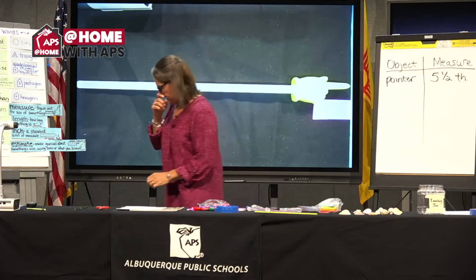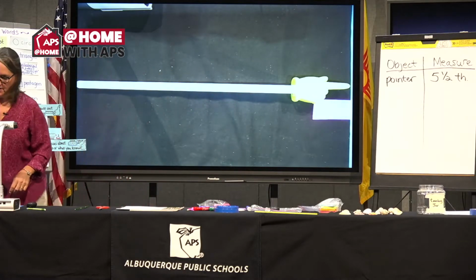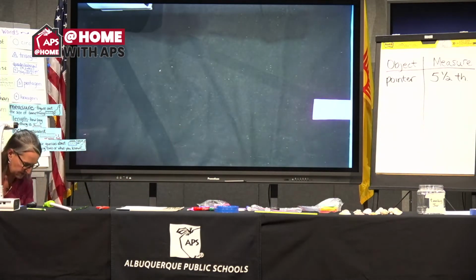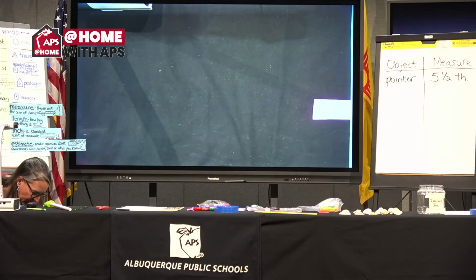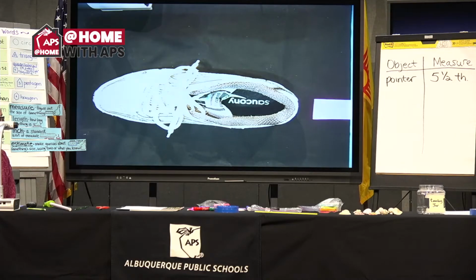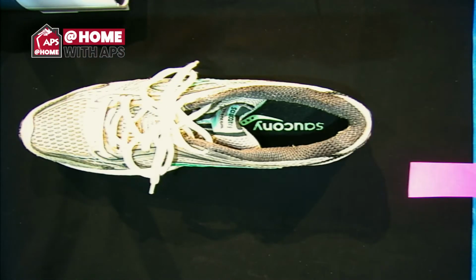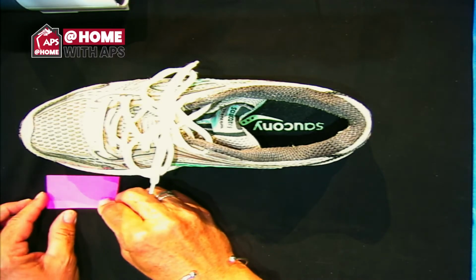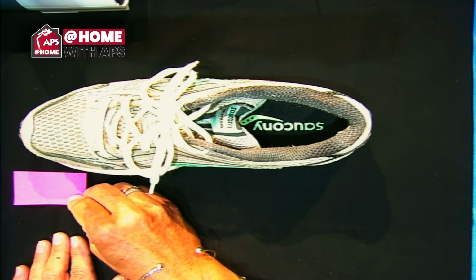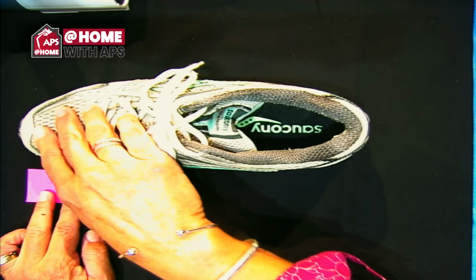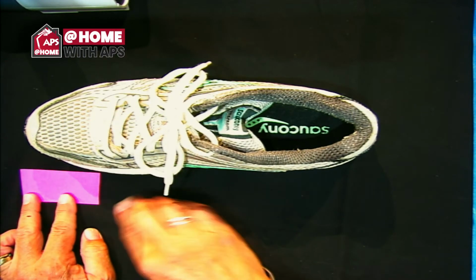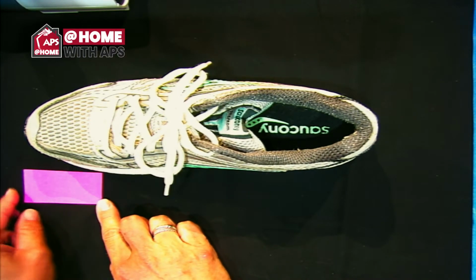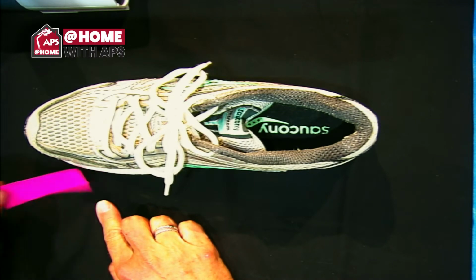Let's measure something else. Here's something kind of fun that you might measure at home. I'm sure you have these laying around. Shoe. So here's my shoe. I'm going to line this up with the very edge of my shoe. Think I got it? Okay, so 1 thumb length.